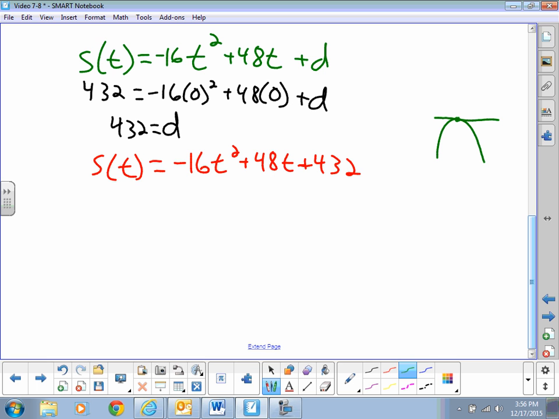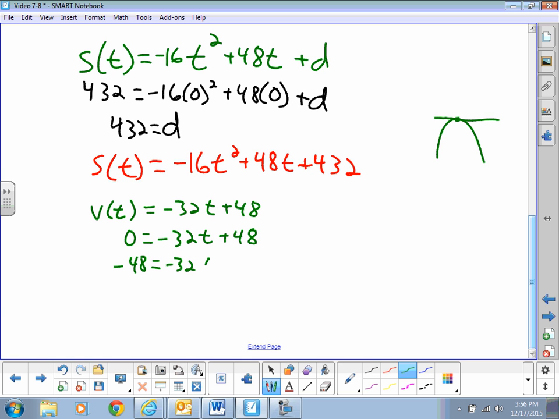So we can take our velocity function, and we can set that equal to 0. And again, we're doing that because at the maximum height, we should have a tangent line slope of 0, meaning that velocity should equal 0 at that point.